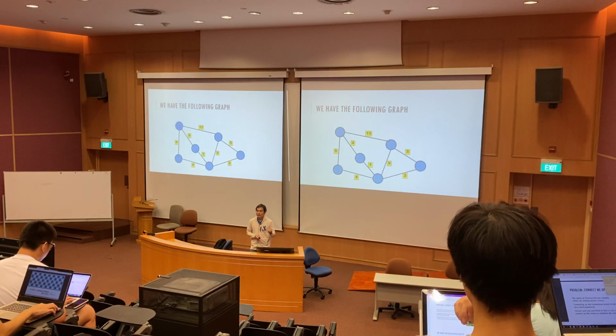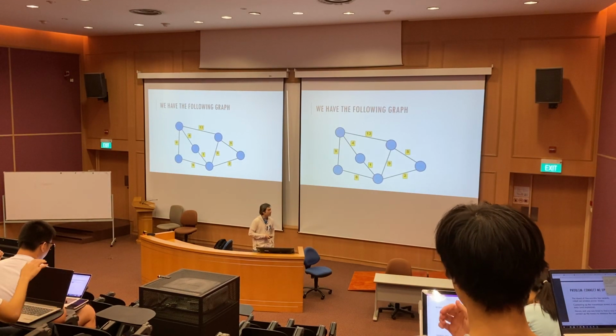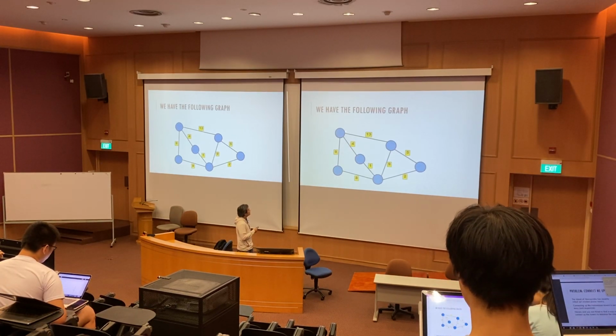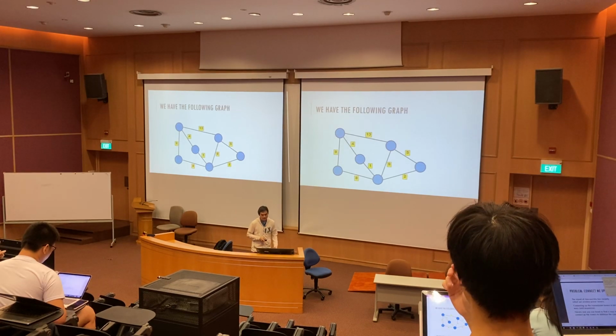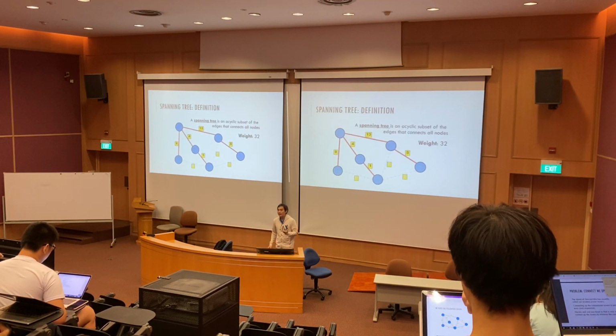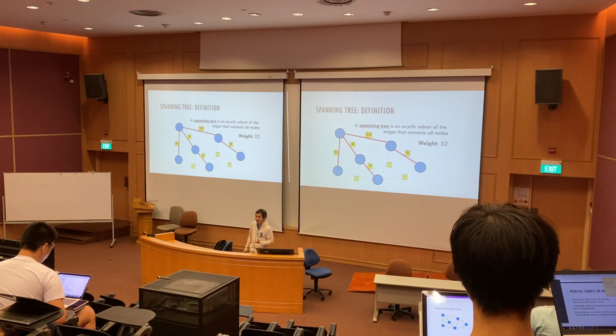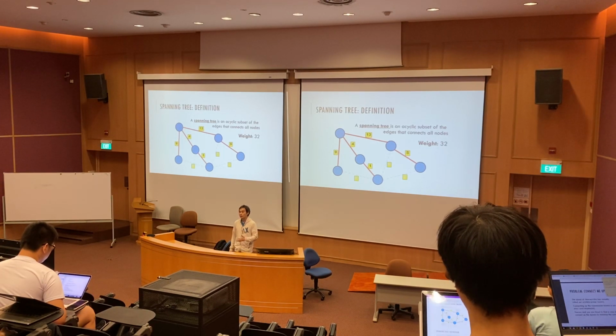Let's imagine that you have the following graph. It's a simple graph, and it's undirected. So what is a spanning tree? A spanning tree is an acyclic subset of the edges that connects all nodes.